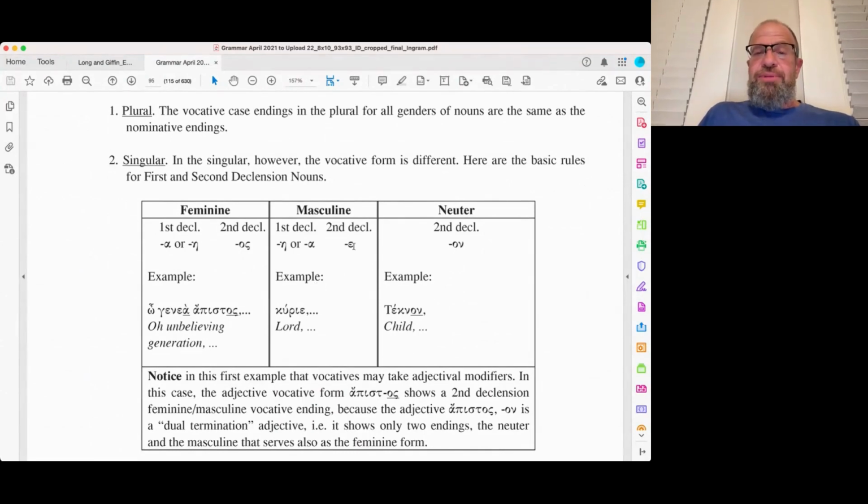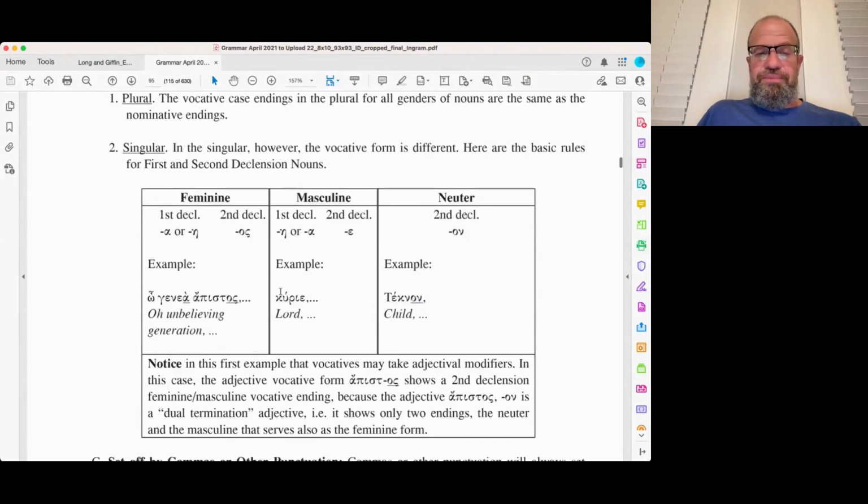The one exception with the singular is that the vocative for the masculine, second declension, is in epsilon. So Kyrie is Lord. Kyrie with the epsilon is a sign of a vocative ending. But remember, you're always going to see that comma there. For the neuter, it's going to be an ending that you already know, omicron-nu, for a second declension.